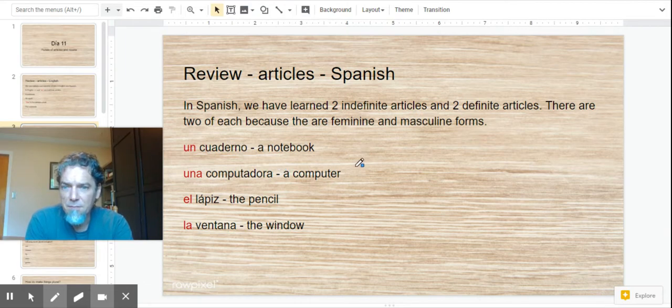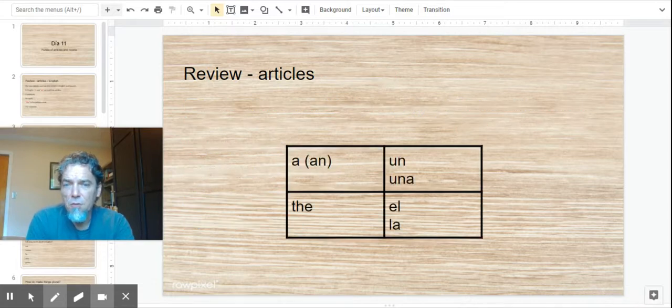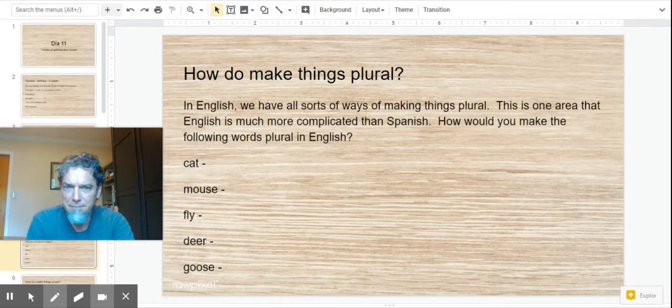For the word the, we have el or la, el lápiz or la ventana, once more depending on the word, if it's masculine or feminine, that it's being described. So we have a or an is un and una. The is el or la. Okay, that's review. We'll come back to that in just a moment.